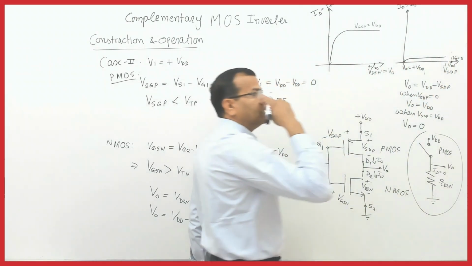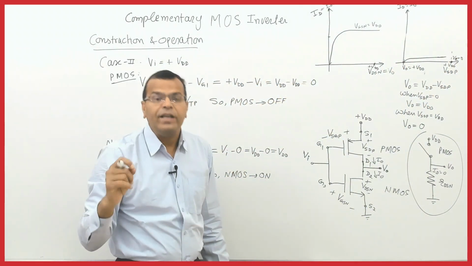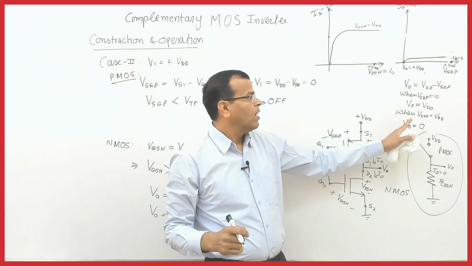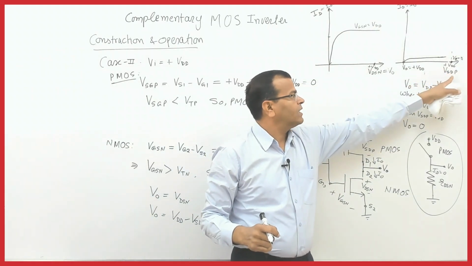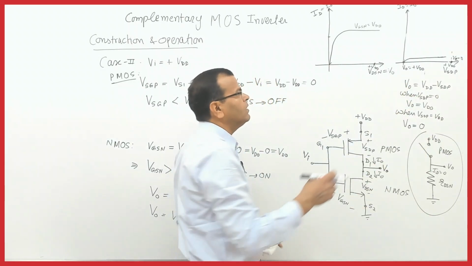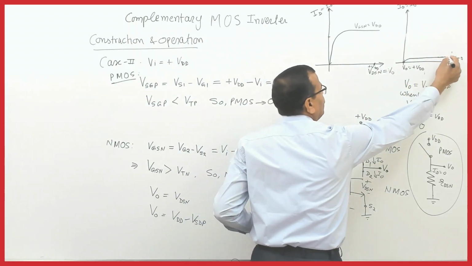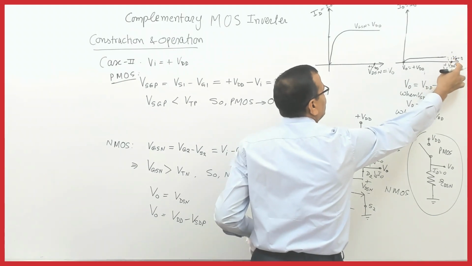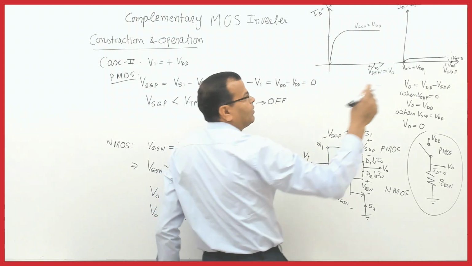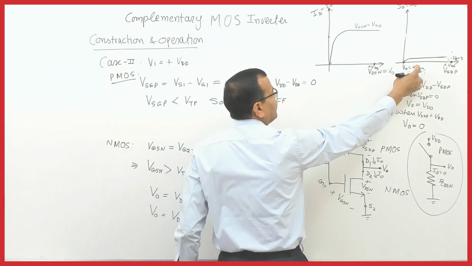And remember, this is the output drain characteristic of PMOS. But if you see this, when VSDP is 0, V0 is VDD. It means this point corresponds to VSDP equal to 0 and V0 equal to VDD.